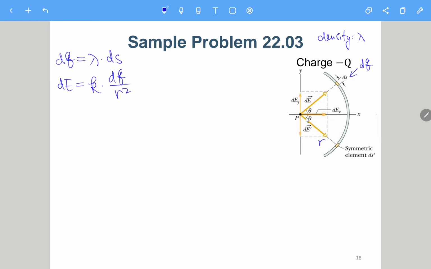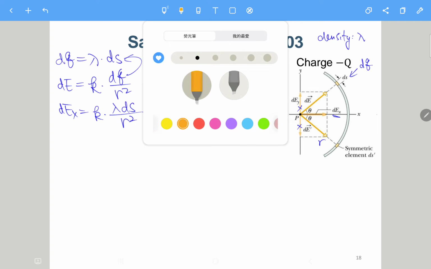And simply speaking, you can see that the vertical components dEy and dEy prime will cancel each other. So only the horizontal component will be added together. Okay, so actually dEx will be k times dq, which is lambda ds here, over r squared, and cosine of theta.